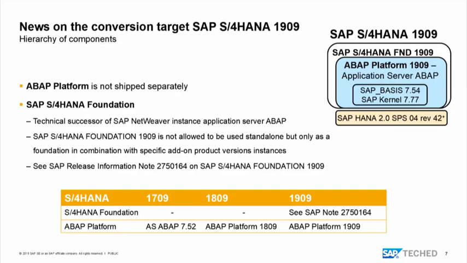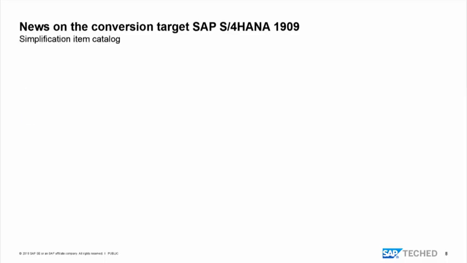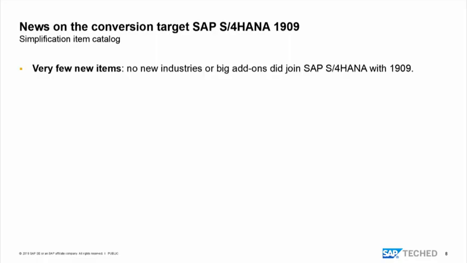These were some numbers. For the conversion target, we have the simplification item catalog, and you know the simplification item catalog contains what has changed in S/4HANA. This information is release specific, but compared between 1809 and 1909, there are only minor new things, so very few new items.